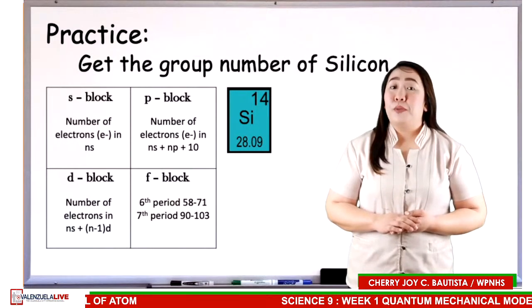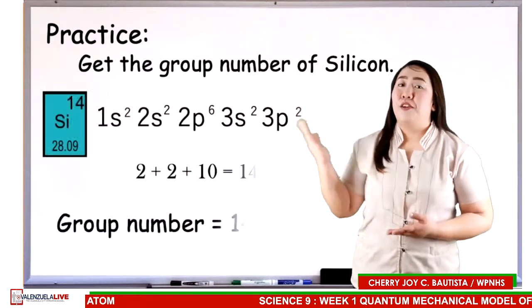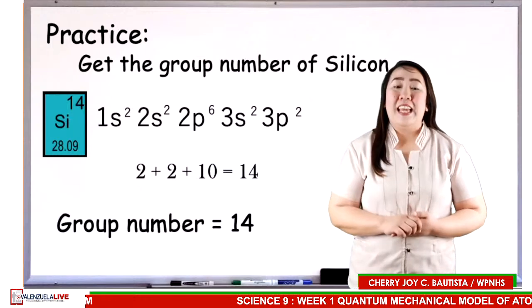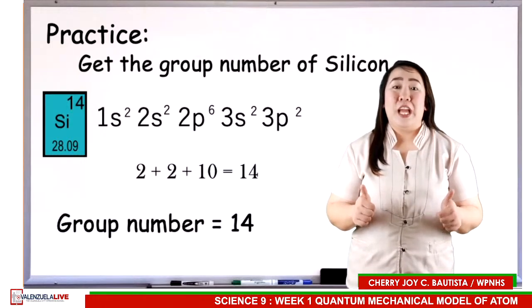The group number of silicon is 14. Did you get it right? Great!